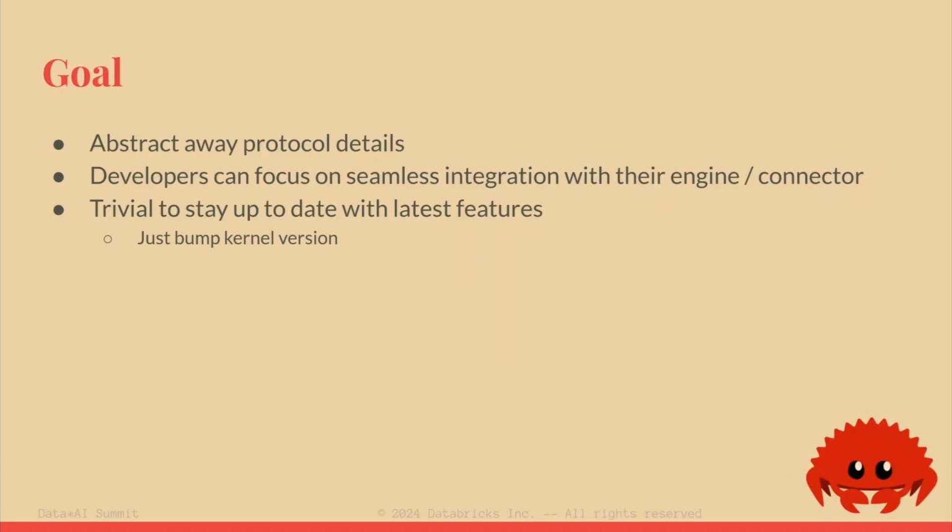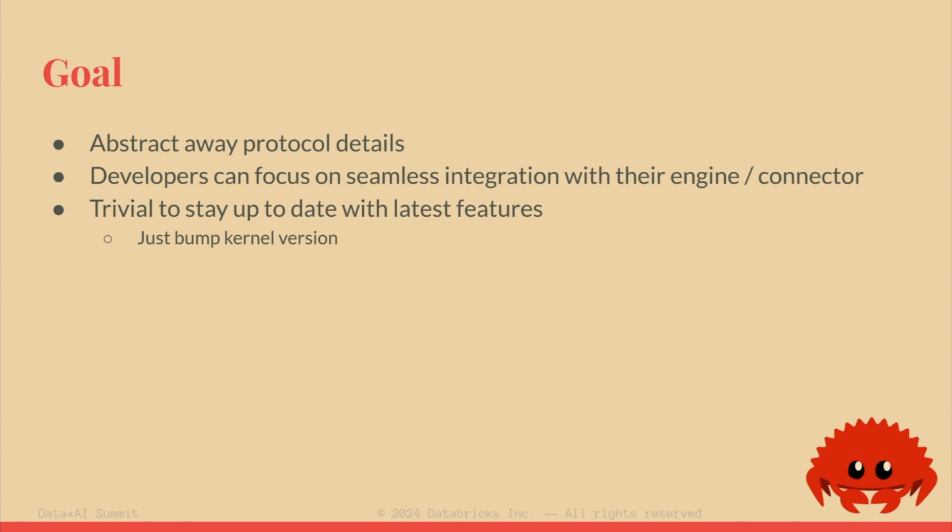So the goal of what we're trying to do in the Delta kernel is abstract away the core protocol details, and let developers who are building a connector or engine just focus on doing really good integration with the Delta kernel, and not worry about how the Delta protocol works and what the different features are.